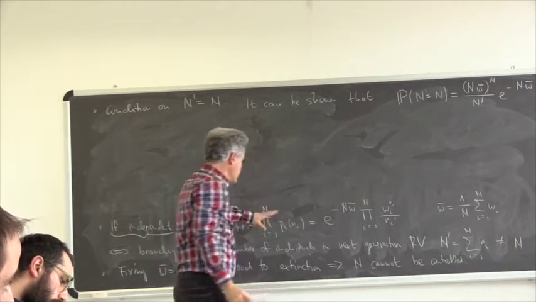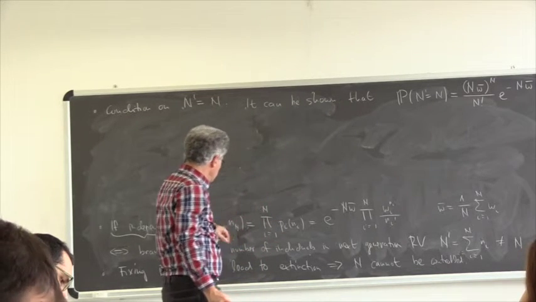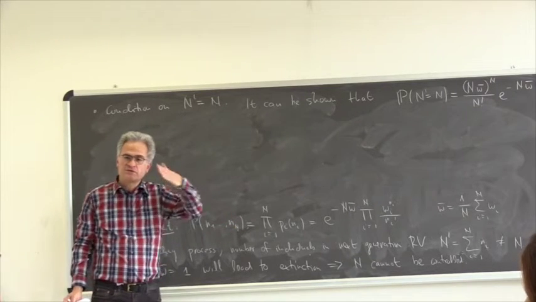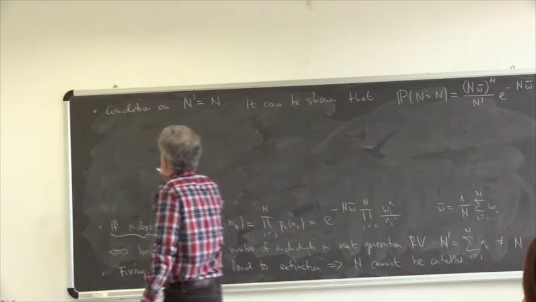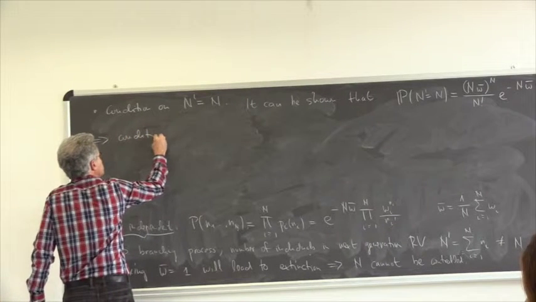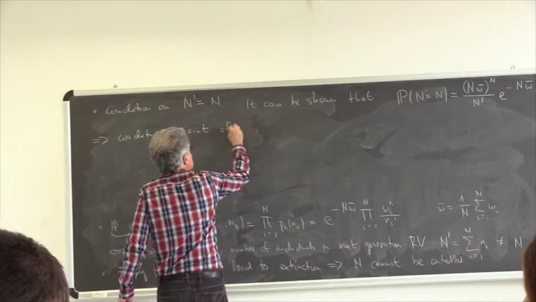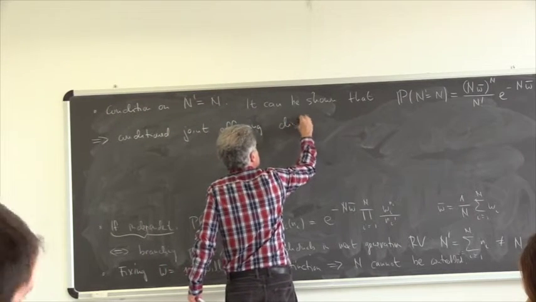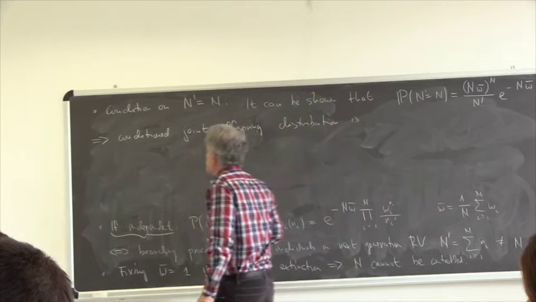And this you can just derive by summing these joint probabilities under the constraint that the total population size is a constant, and then you get this expression. And therefore the conditioned offspring distribution becomes of the following form.